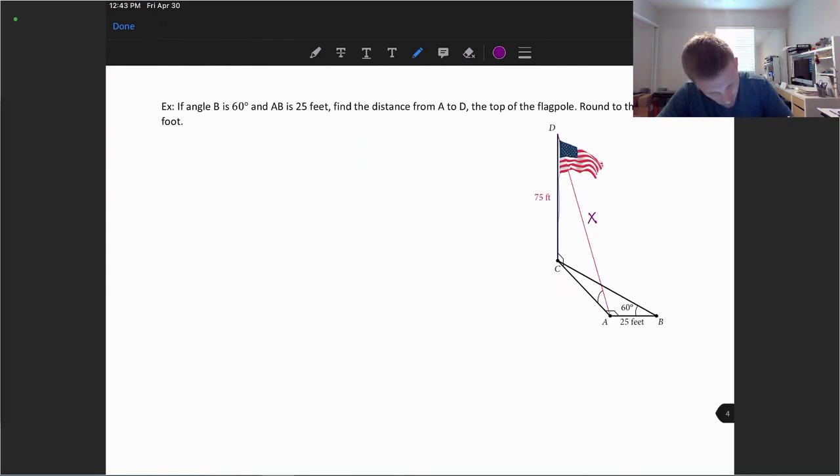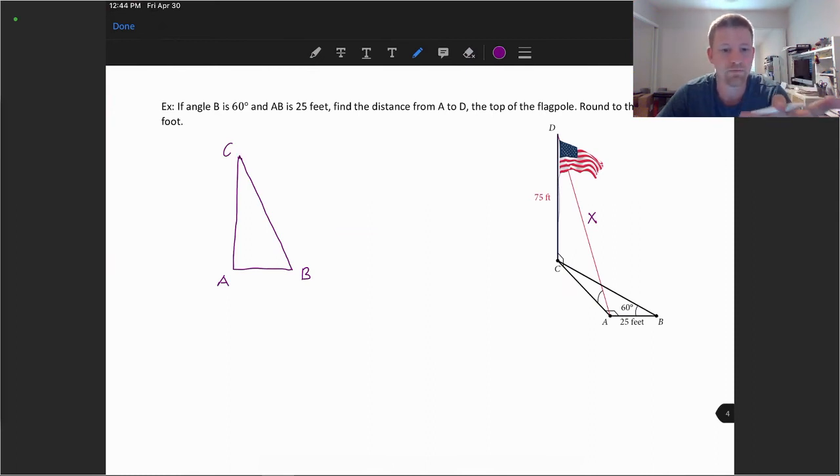If I redraw my triangle that's on the ground, this is A, this is B, and this is C. This is again the triangle that is flat on our ground. We know this is a 60-degree. This would make it a 30, and that's a 90. And we know the length from AB is 25 feet.